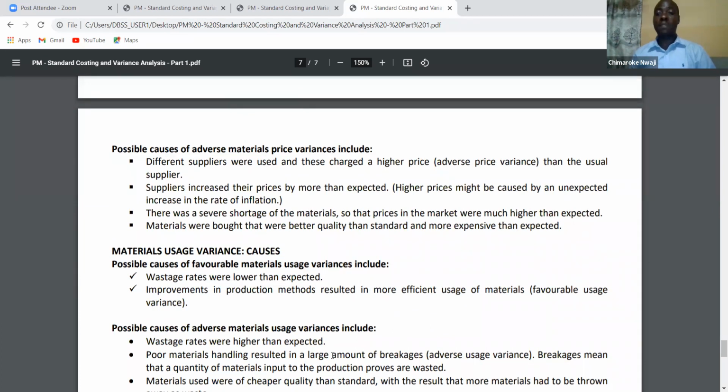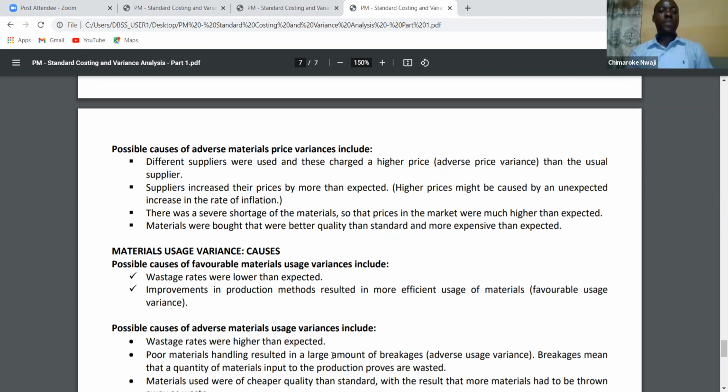Maybe you didn't change your supplier, but your current supplier increased his price more than expected, maybe because higher prices were caused by inflationary rates, and you didn't put that into consideration. It will now cost you a higher price, giving an adverse variance.